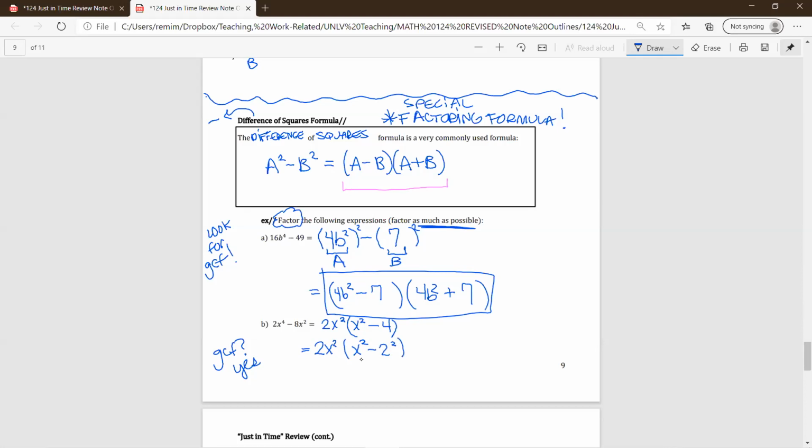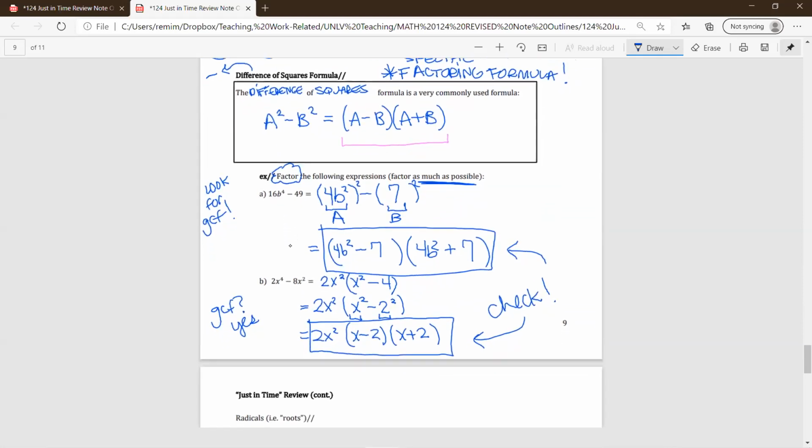So that tells me that this is my A and this is my B. So when I go to put it in this formula, the A minus B times A plus B, I'm going to get A minus B times A plus B. And you can check these too. FOIL them all out, multiply them all out, and you should get what you started with. Okay, so that's difference of squares.